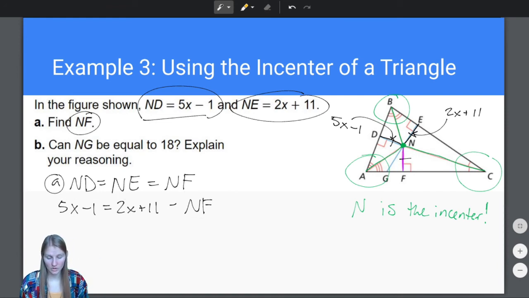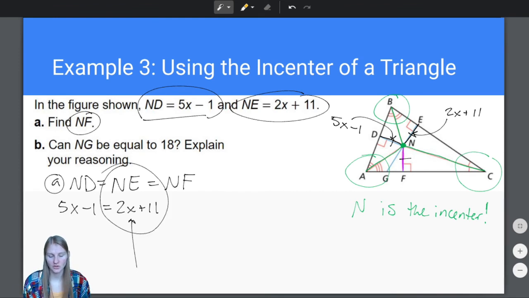So what we can do is solve 5x minus 1 equals 2x plus 11. We can solve this for x. And then I can plug x back in, find out what NE is. Oh, NF is the same thing. So, let's take it step by step. Solve for x.